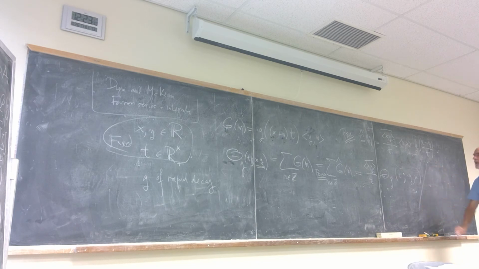Now look what happens if I take, for example, the function g equal to e to the minus pi x squared, where I know what its Fourier transform is. What is theta g txy? Well, I claim it's the sum over n in Z of e to the minus pi, now I have to take x and translate, whoops, I better call this g is u or something.